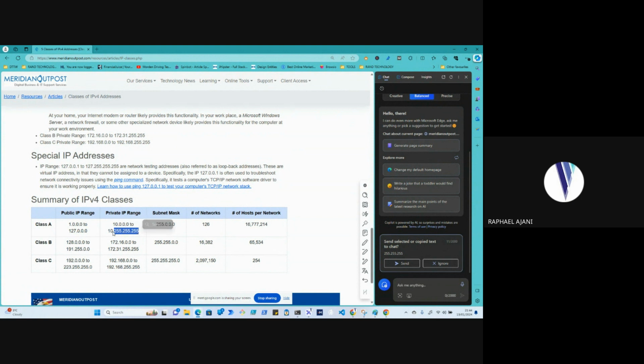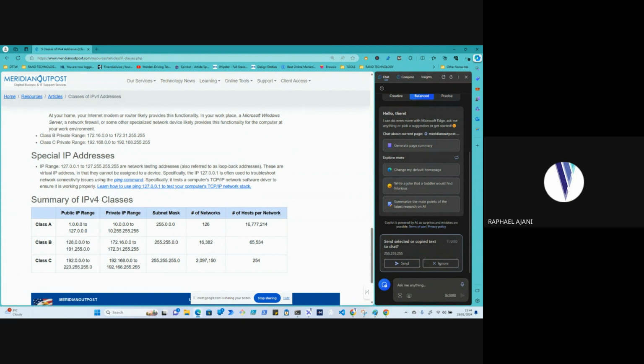So for example, the maximum number you can assign here will be 10.255.255.254. The moment it gets to the last one, you cannot assign it. You understand? And here it shows you the number of networks and hosts. You have about 16 million hosts here that you can assign.